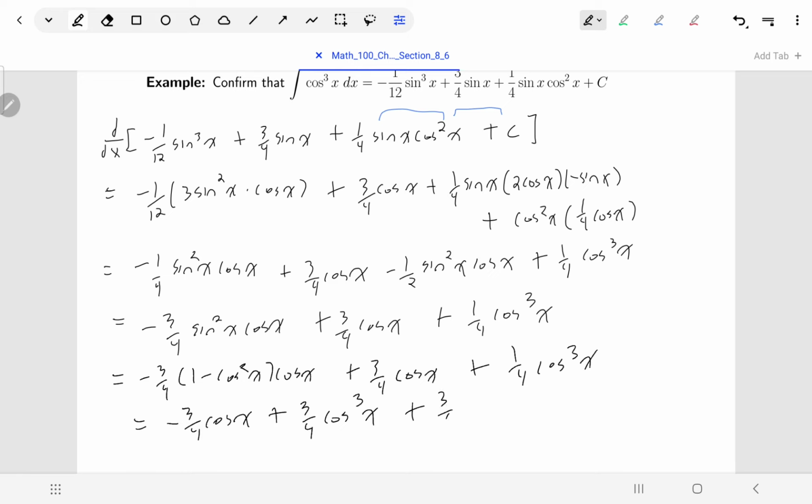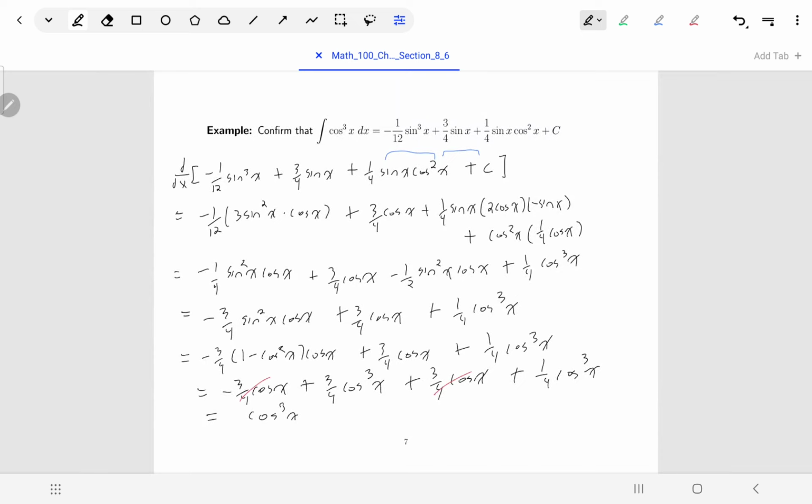And I've got plus 3/4 cosine from before and a plus 1/4 cosine cubed. The minus 3/4 cosine and plus 3/4 cosine cancel each other out, and I'm only left with 3/4 cosine cubed plus 1/4 cosine cubed, which is indeed cosine cubed. So there we go.